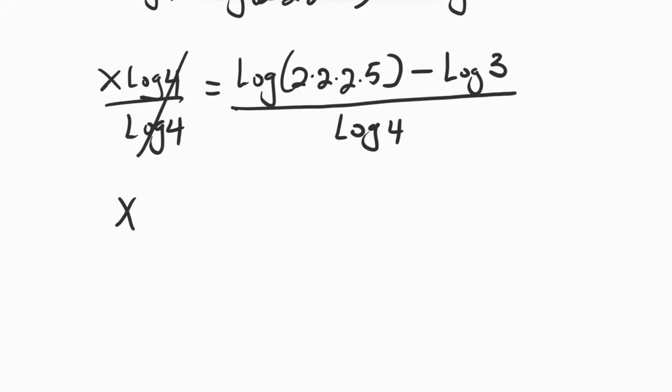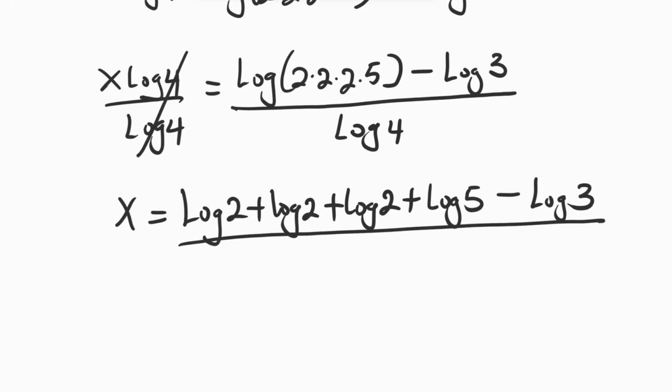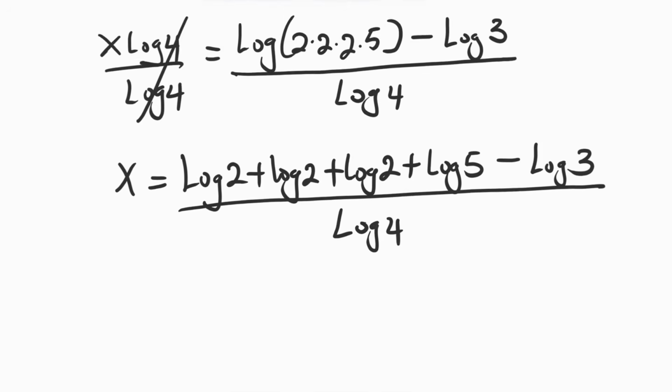And we have x is equal to, we know that log of a times b is equal to log a plus log b. Okay, so this comes in handy on the right hand side of the equation, which becomes log of 2 plus log 2 plus log 2 plus log 5 minus log 3, all divided by log 4.